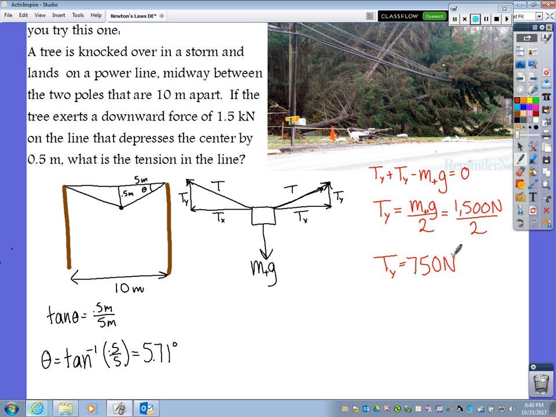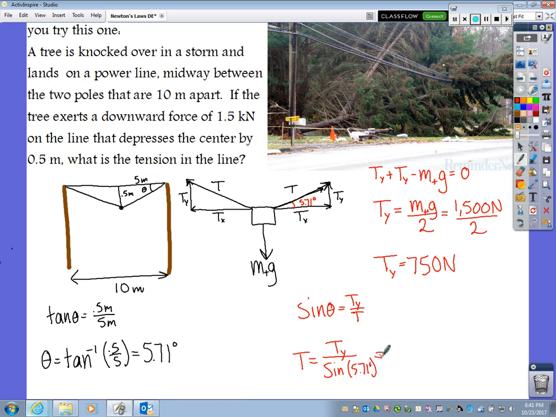So now I know, because this triangle and this triangle are similar triangles, this angle is 5.71 degrees. So I'm trying to find T. Just like before, sine of theta equals Ty over T. So T is Ty over sine of 5.71 degrees.